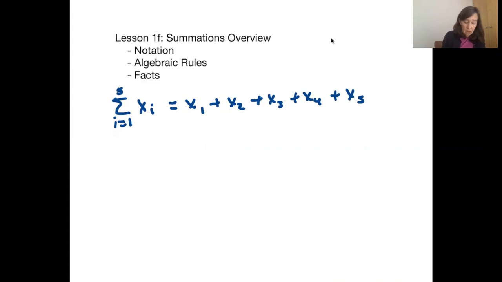And we often encounter this summation notation when the endpoint is kind of arbitrary. Okay, so often we'll see things like the sum as i goes from 1 to n of x sub i. Same deal, it says start at the starting value that's down here below the sigma.